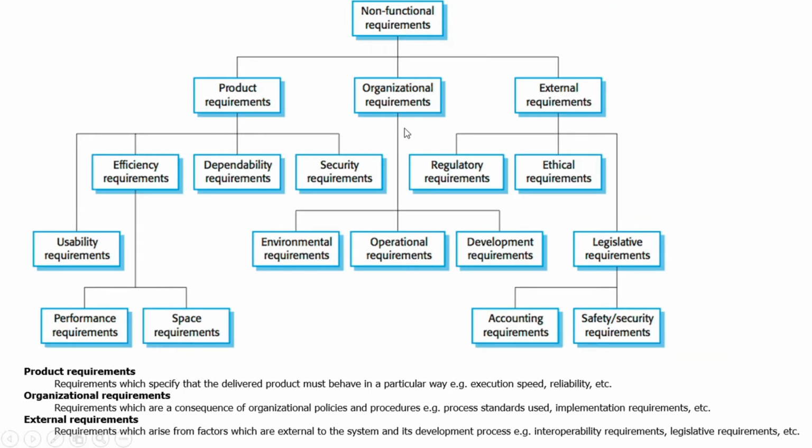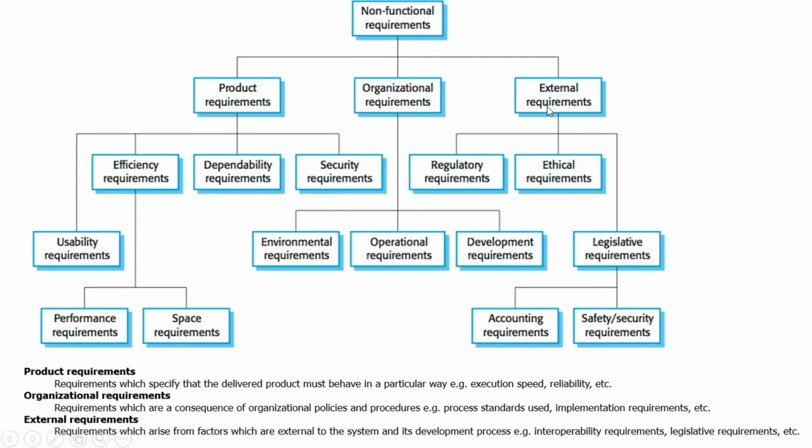Now, organizational requirements are the requirements which are a consequence of organizational policies and procedures. There must be some kind of standard you are using. The process standards you have used and the requirements for the implementation will come under your organizational requirements. The third category of non-functional requirement is external requirement.